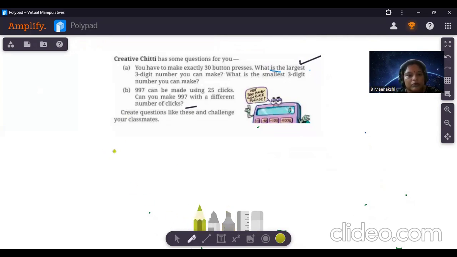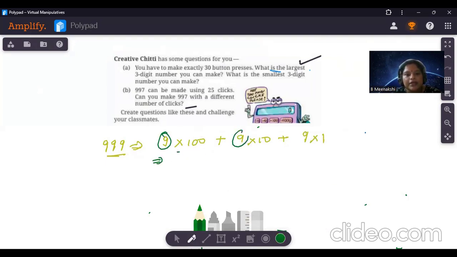Now, let us assume the largest three-digit number is 999. So how can it be obtained? 100 can be pressed 9 times, 10 can be pressed again 9 times, plus 1 can be pressed 9 times. What happens over here is, this is the number of clicks.